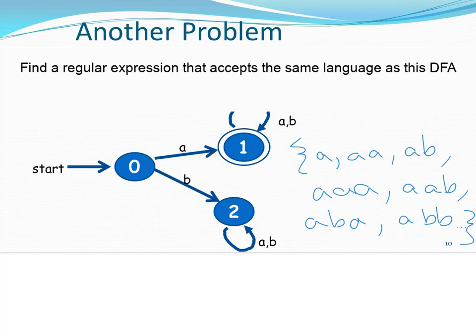And as a regular expression, that's easy to write. Should be easy. If it's not, go review. That is the language that starts with an A and then has as many A's or B's as you want.